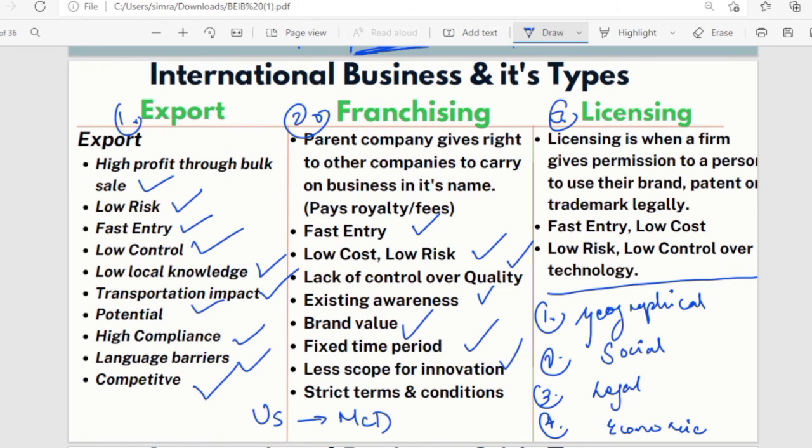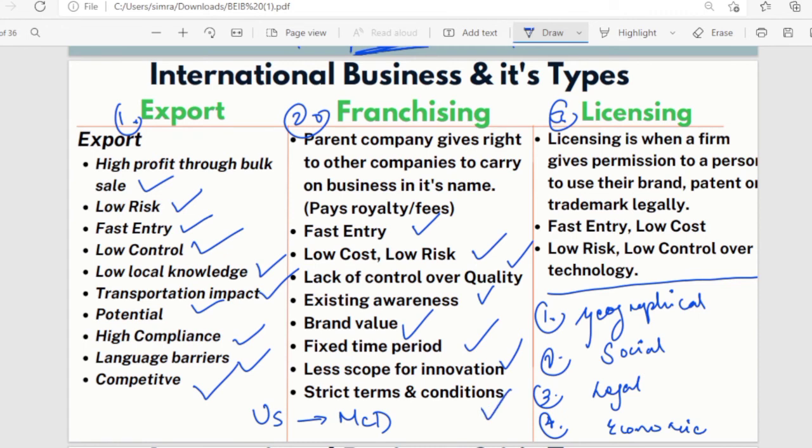You can't give any suggestions also, because it is going to happen as it's happening originally in the restaurant where it is formed, that is in US. So same things are going to take place here. So unless and until they do some kind of innovation, you won't be able to do the changes here. Whatever innovation they are doing, that only you have to apply it here. You cannot use your own brains basically in franchising.